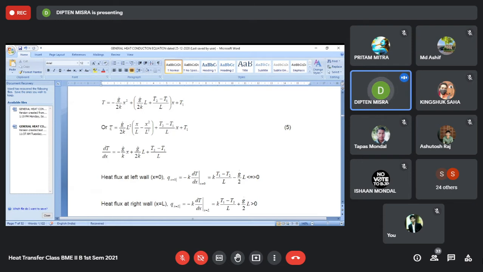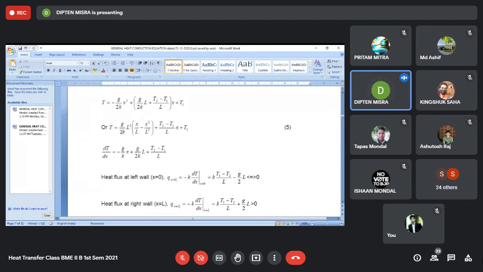We have checked once that g dot has a unit of watt per meter cube into meter square, so it becomes watt per meter, and k is watt per meter Kelvin. Dividing watt per meter by watt per meter Kelvin gives Kelvin. So this represents a temperature quantity.